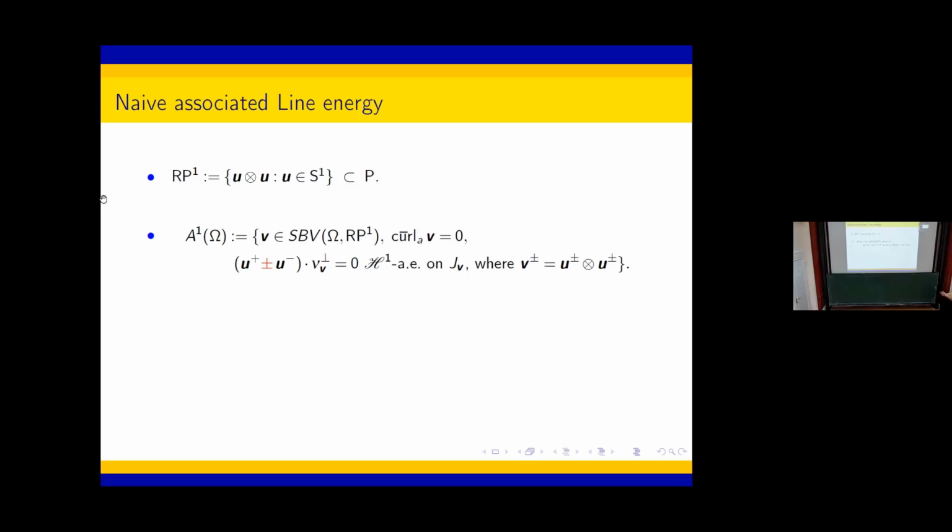I have a lifting. If v is SBV, you have a lifting which is BV, you're right. But I want to take a square root, and I will not have this. Not every lifting will satisfy this; I need a lifting which satisfies this.